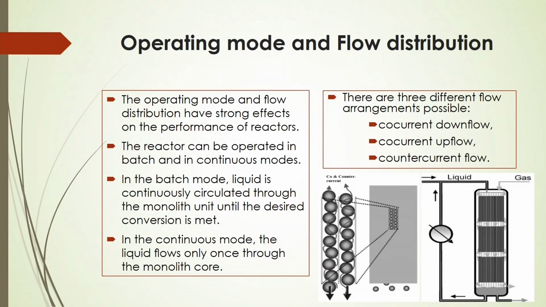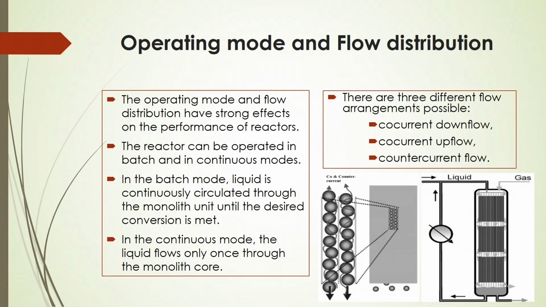2011. And there are several operating modes and flow distributions observed in the monolithic structured reactor, which have strong effects on the performance of reactors. The reactor can be operated in batch and in continuous modes.